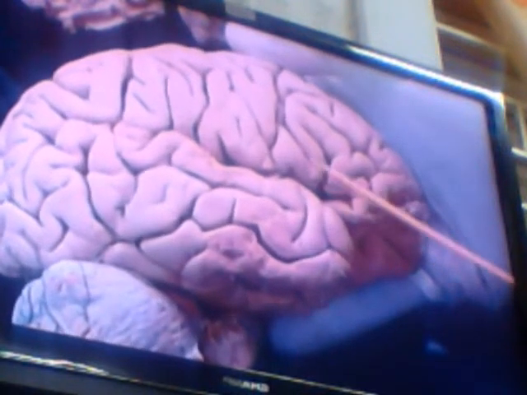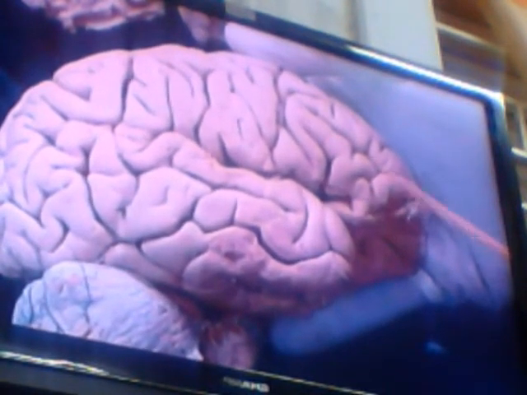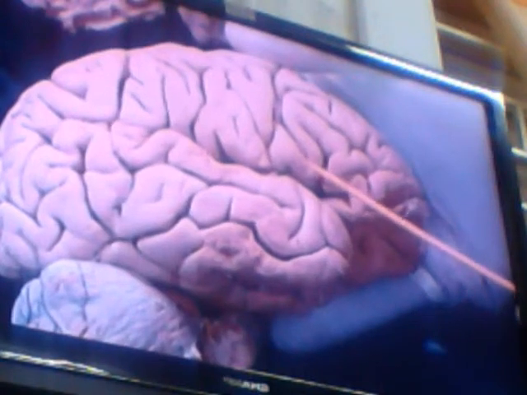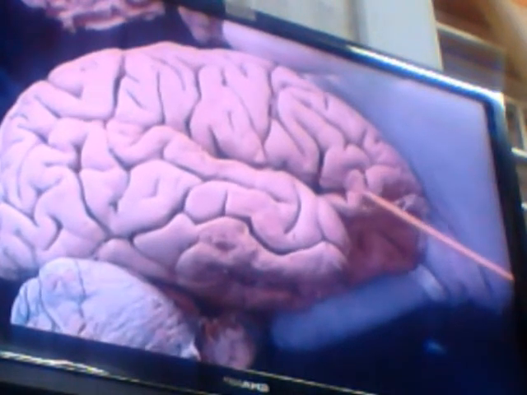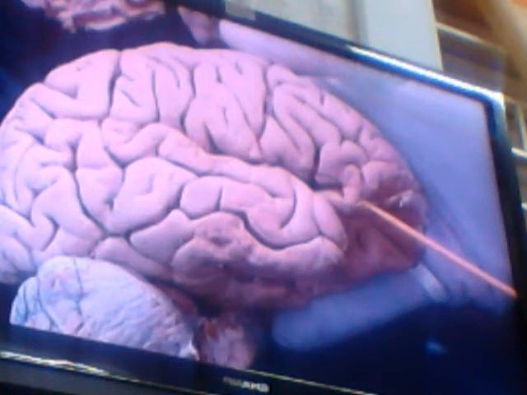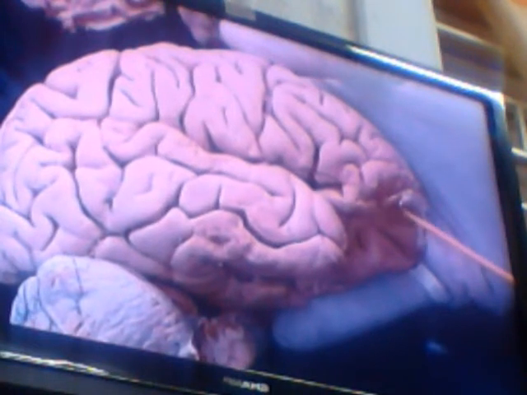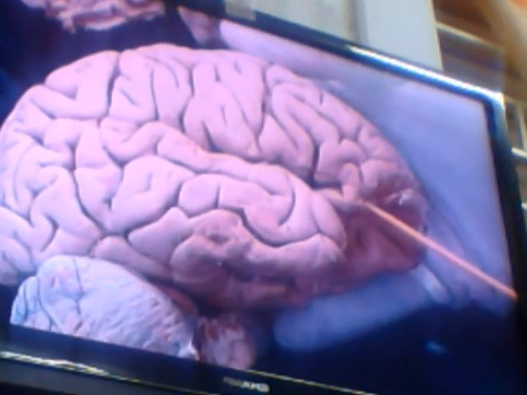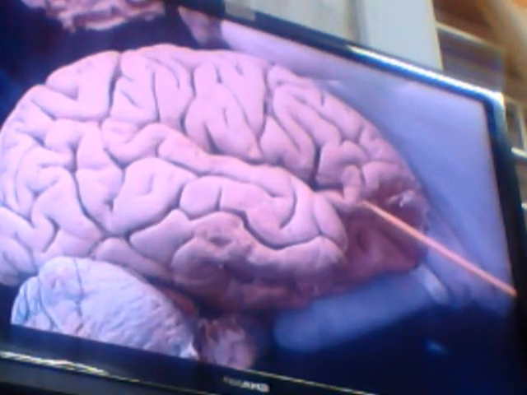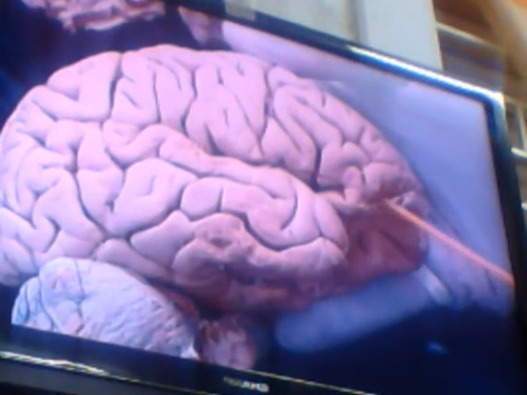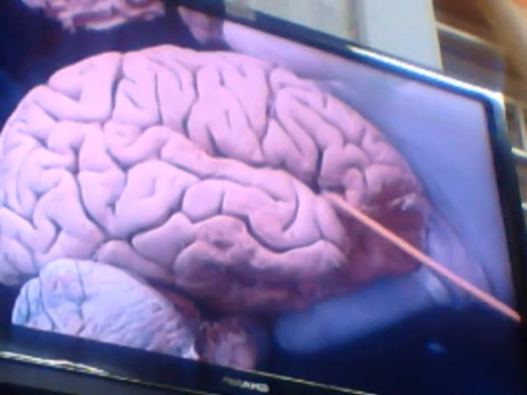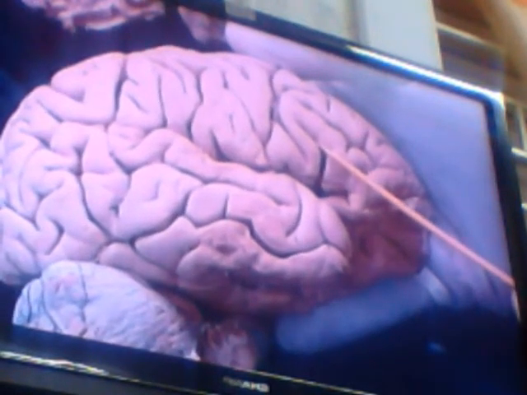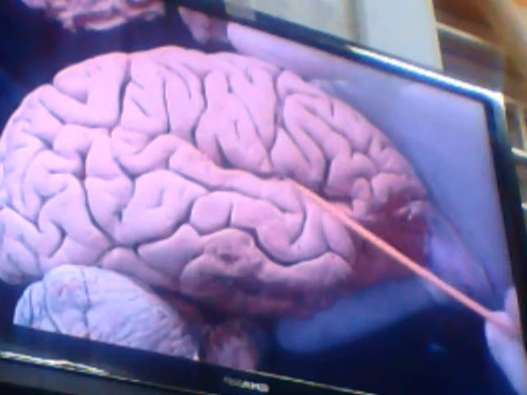The three little areas would be these areas, and they are related to the presence of the sulci. So we have the horizontal anterior sulcus, then we have an ascending, and we have a posterior.